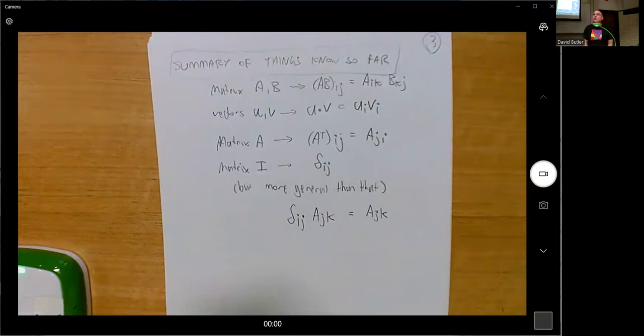This is the matrix identity times A, which is totally the same as the matrix A.